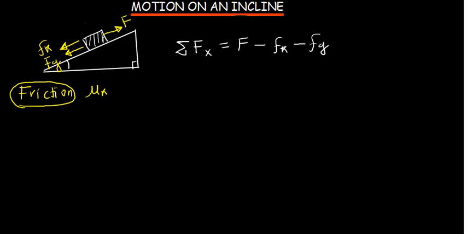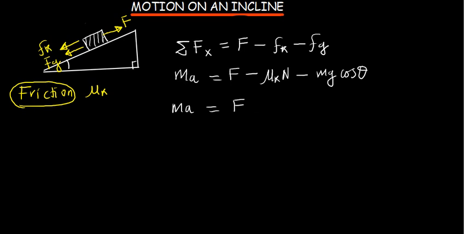Now net force is given by mass multiplied by acceleration. That is going to be equal to force minus kinetic friction. Kinetic friction is given by coefficient of kinetic friction times normal force. Fg we determine is given by mg cos theta. And this gives us mass multiplied by acceleration being given by force minus mu_k times normal force.